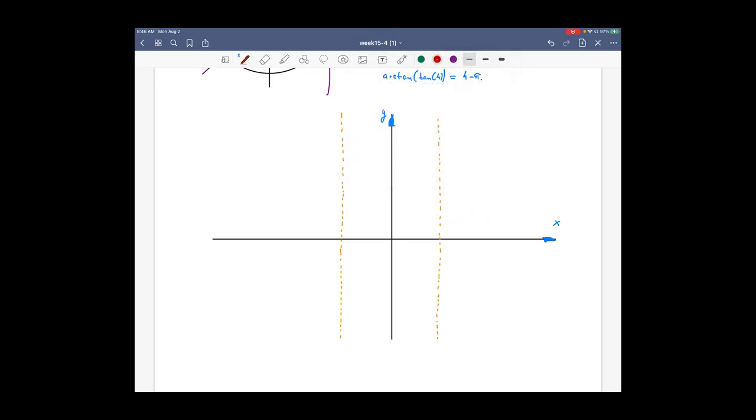So our graph of tangent will look like this. That is, of course, pi over 2. That is 0. That is negative pi over 2. That is pi. That is 3 pi over 2. Another vertical asymptote.